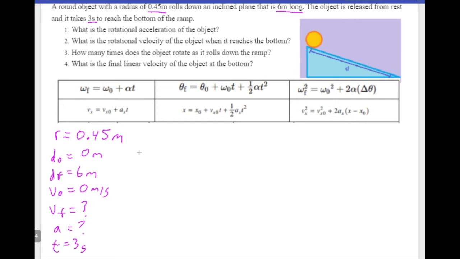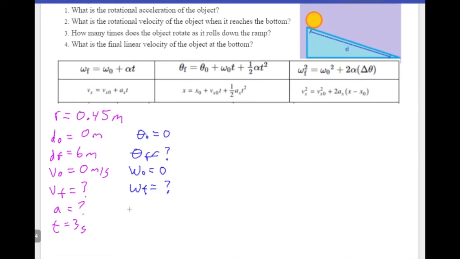Now we're going to list our variables in the rotational plane. We have theta initial, which is just 0, theta final, which is unknown at this moment. We have omega initial, which is also going to be 0 because initially it's not rotating. And we have omega final, which is also unknown. We have alpha, or the angular acceleration, which is also unknown.